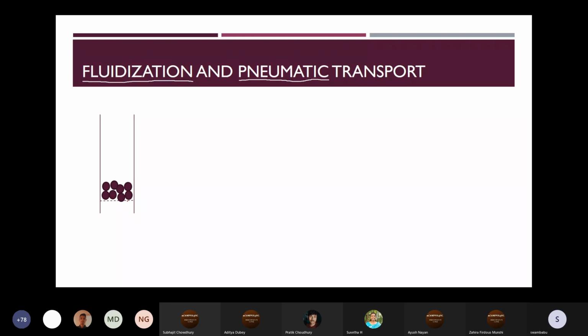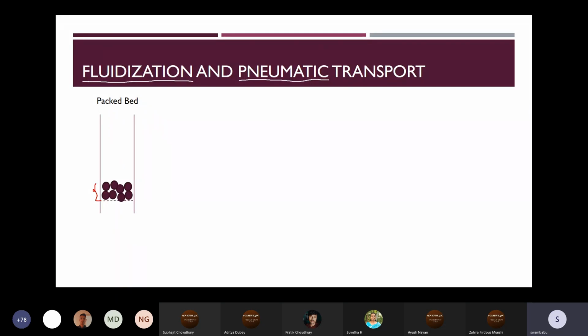Suppose we pour solids into this cylinder. We call it a bed of solids. Since these solids are stationary, we are packing this cylindrical column with solids. This is called a packed bed.